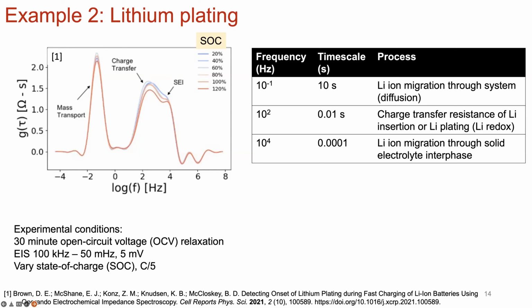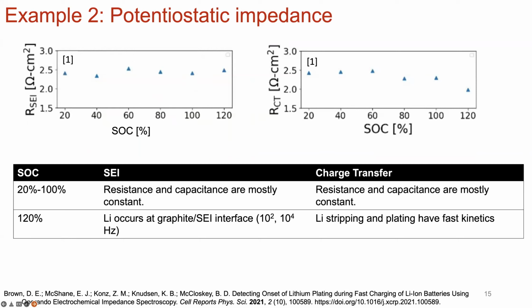And that can happen for these fast charging cells. So in terms of potentiostatic impedance, when you track the resistance of the SEI versus the resistance values of the charge transfer, there really isn't a whole lot of change in terms of resistance from the SEI, but there is quite a drop right here when SOC is beyond 100.